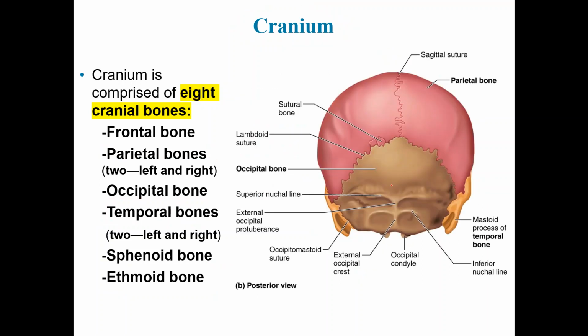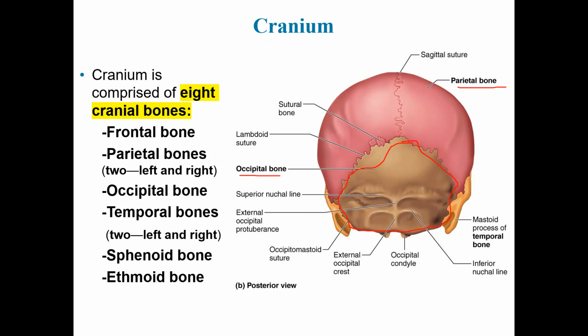This is a posterior view where you can now appreciate the occipital bone here. It's also pretty large. One thing that is important here is to have a good visualization of all the bones and be able to recognize them and name them, but also know what the points of connection between the various bones are.